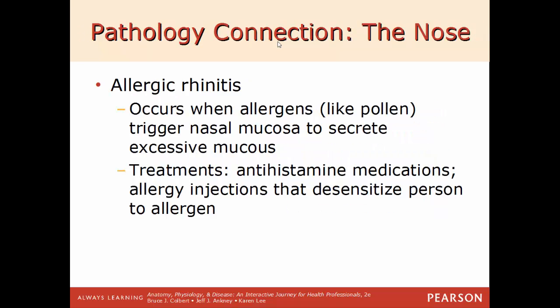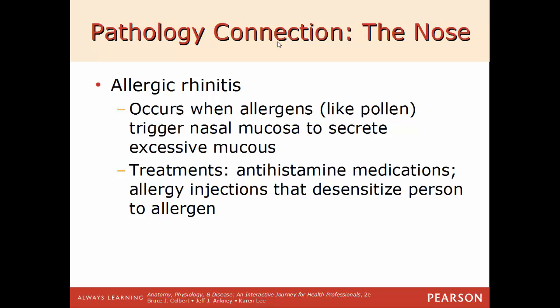Now I'll talk about a pathology connection regarding the nose. Allergic rhinitis occurs when allergens, such as pollen, trigger the nasal mucosa to secrete excessive mucus. Some common treatments are antihistamine medications and allergy injections that desensitize the person to an allergen. Basically, it's a runny nose.